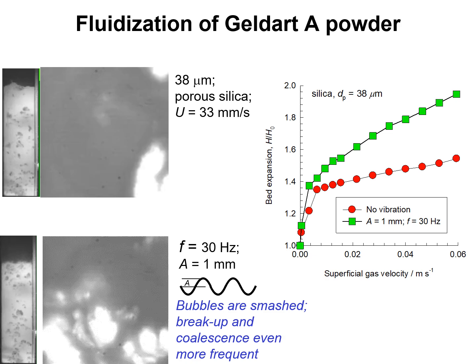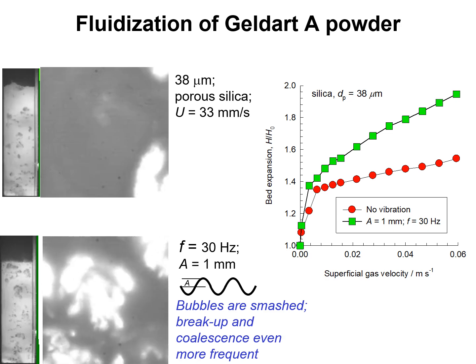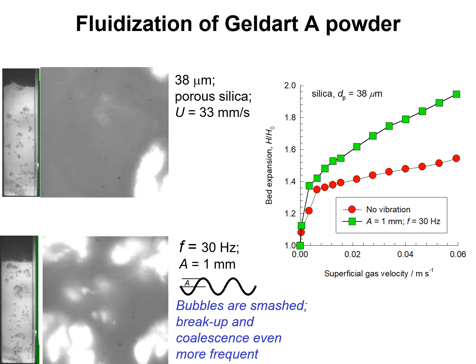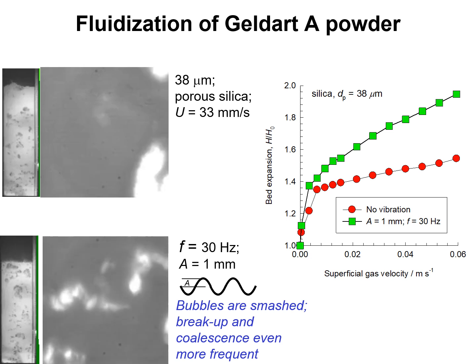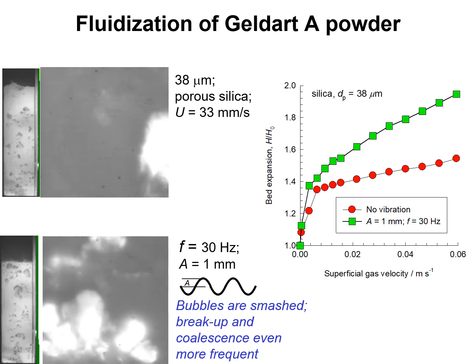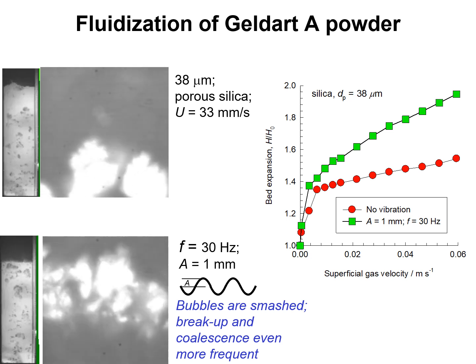And if we compare that with an unvibrated column, even visually we see a higher gas holdup for the vibrated column. If we examine the column in more detail by zooming in, we see that the bubbles appear to be smaller as compared to the unvibrated column.